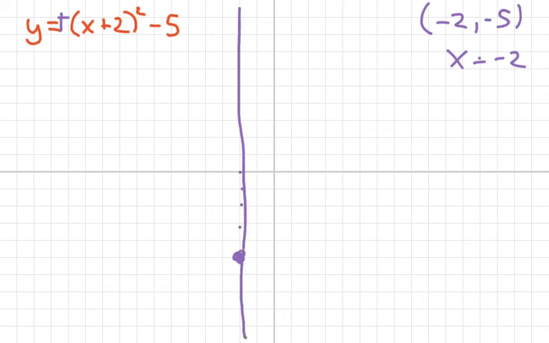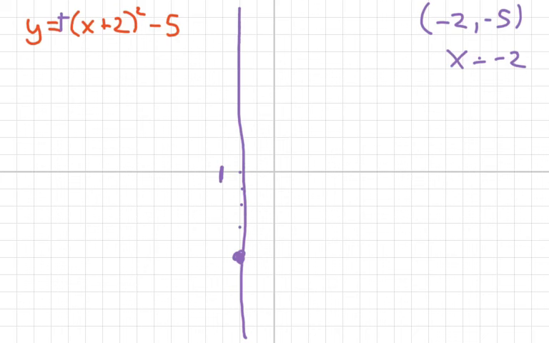Now what I'm going to do is, since it's going up, I'm going to try x's right here. What is it at -3, and I'm also going to try what is it at -4.